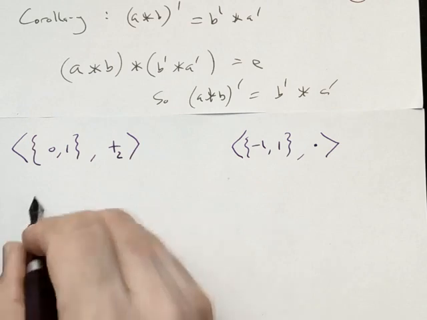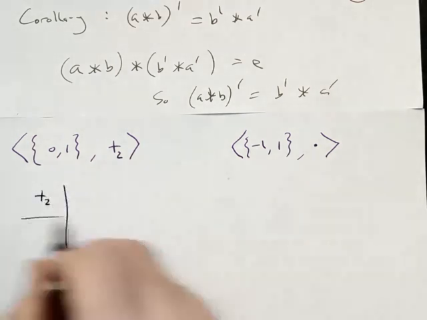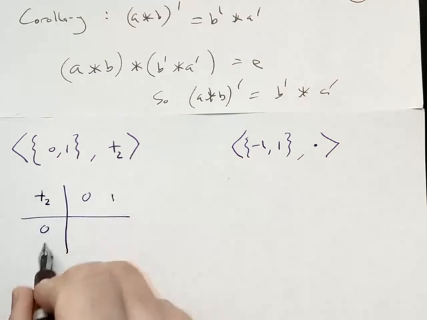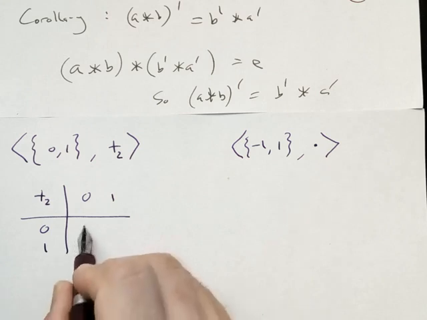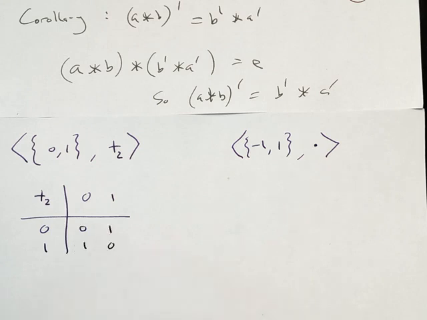So let me think about the way this operation works. What's 0 plus 0? Good. 0 plus 1? 1 plus 0. 1 plus 1, mod 2. 2 mod 2: divide by 2 and tell me the remainder. 0.